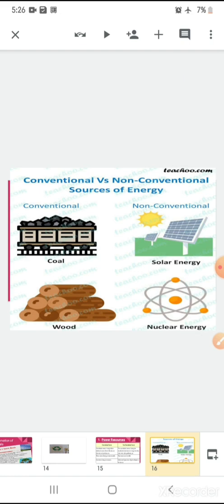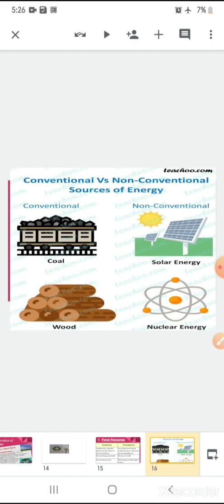Now, conventional sources of energy versus non-conventional sources of energy. In conventional sources, we have coal and wood. In non-conventional, we have solar and nuclear energy. Now, when we talk about petroleum, do you know what is petroleum?